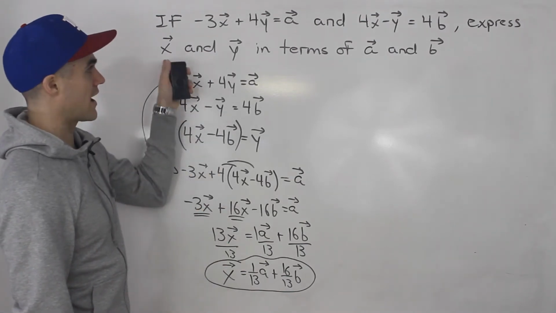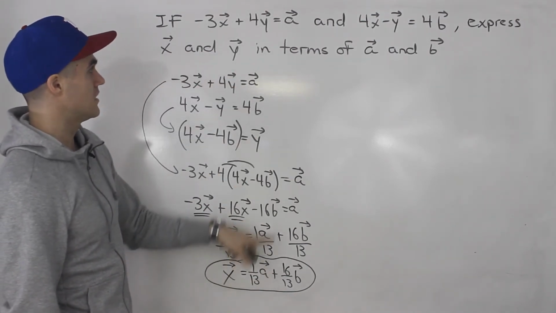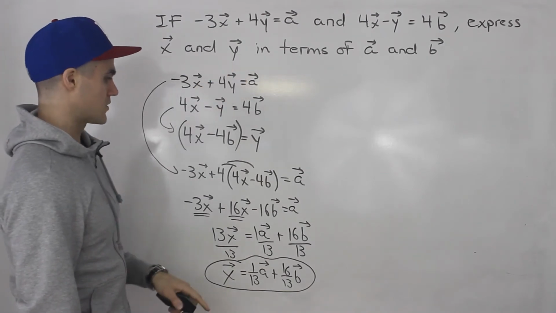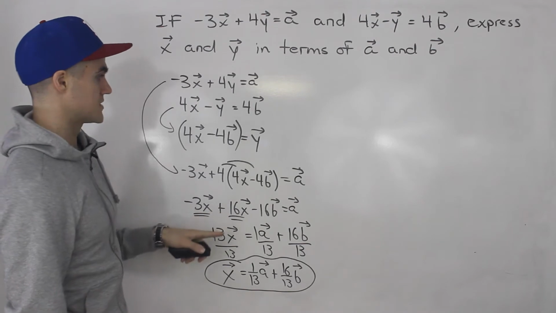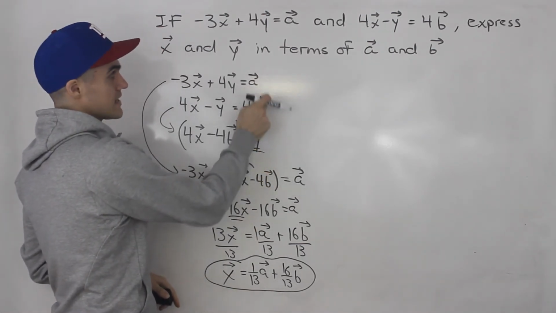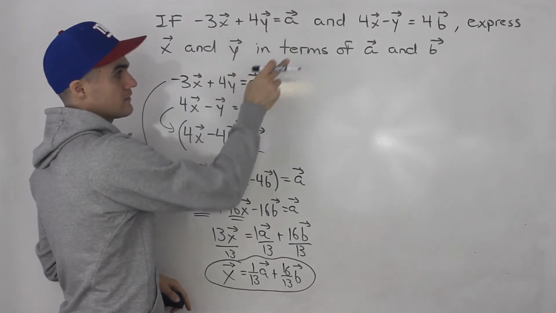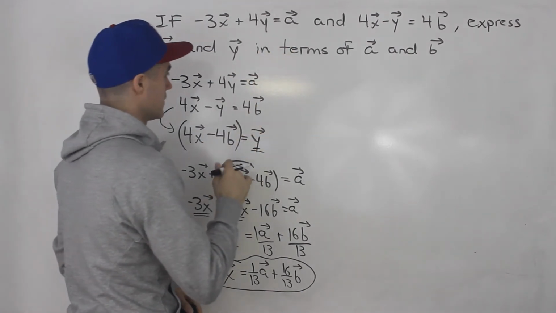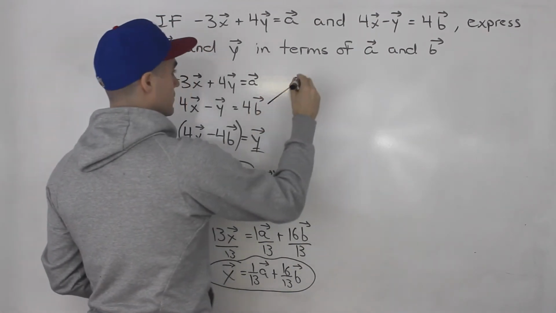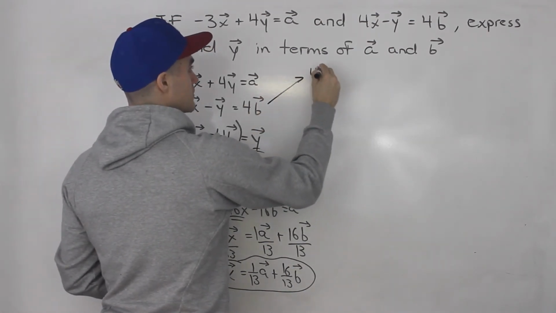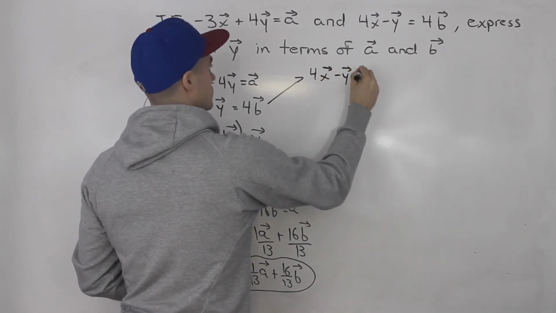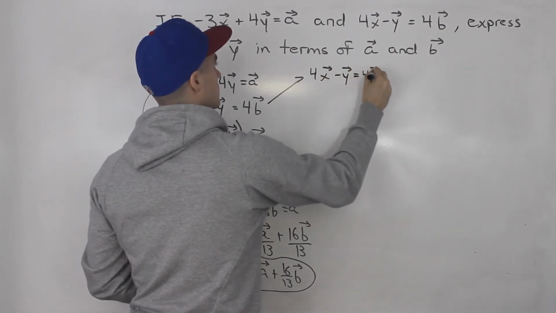We've expressed vector x in terms of a and b, but we also have to express vector y in terms of a and b. So what we would do is the opposite. So instead of isolating for y, we now got to take one of these two equations that were given and isolate for x. So I'm going to use that same equation. So rewriting this here, we got 4 times vector x minus y is equal to 4 times vector b.